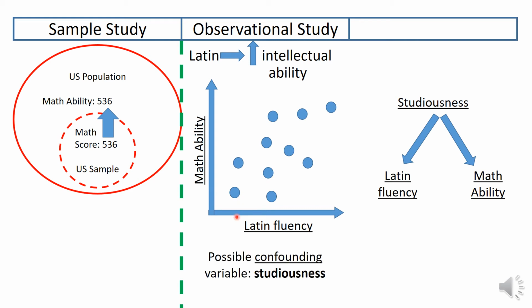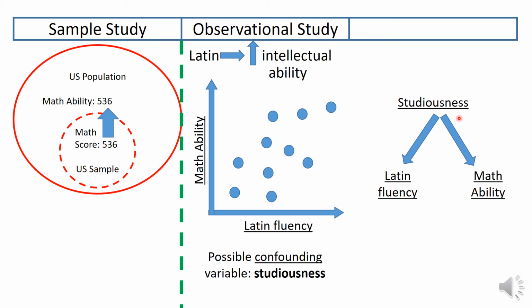All right, so possible confounding variable: studiousness. And the thing is, I didn't record studiousness in here. So that's a possible confounding or lurking variable. Whenever you do an observational study, there's essentially an infinite number of possible lurking or confounding variables that I did not take into account that could explain any correlational relationship between these two variables.